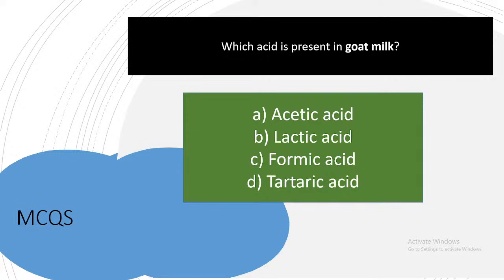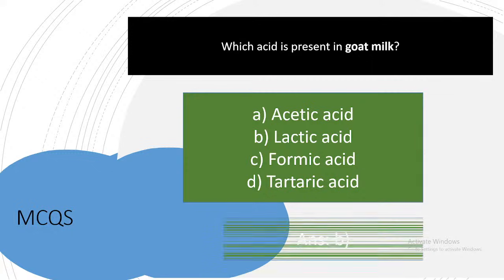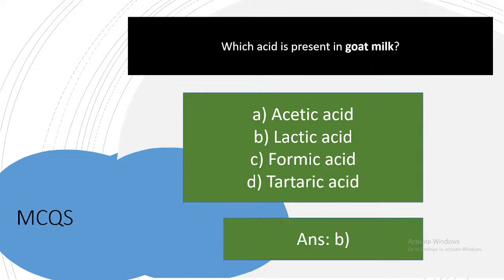Many of you have given option B. Yes, it will be lactic acid, because whether it is goat milk or cow milk, milk is milk. It's an indirect question. They have given goat milk instead of normal milk, but goat milk also contains lactic acid. So lactic acid, option B, is the correct answer. Good job.